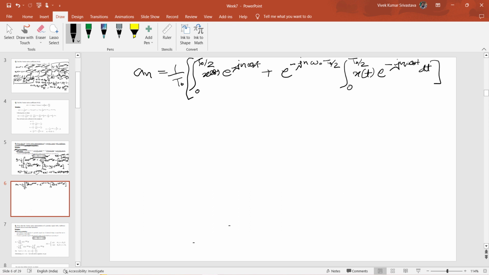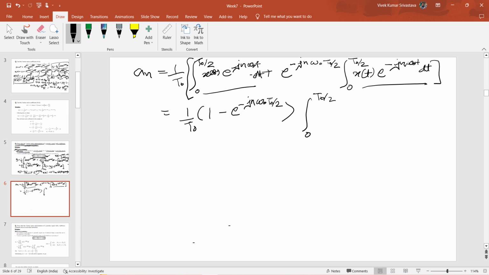Okay, so now from this equation we can take this term as common. Once you take this term as common, you will get 1 over T naught in bracket, 1 minus e raised to the power minus j n omega naught T naught by 2, into this factor, that is 0 to T naught by 2, x of t e raised to the power minus j n omega naught t dt.